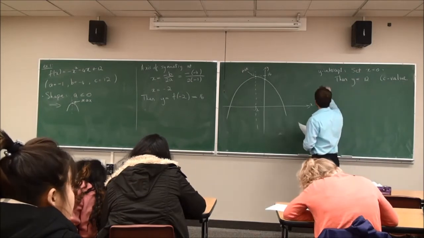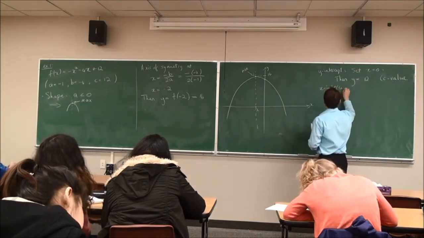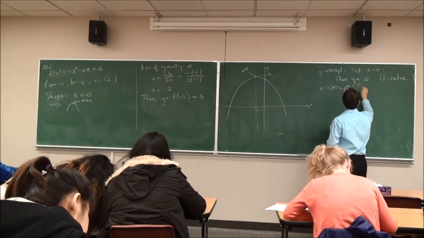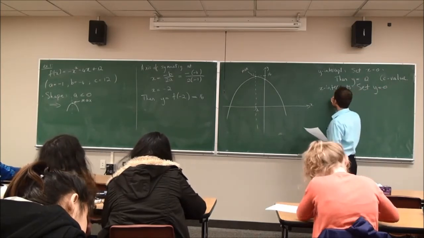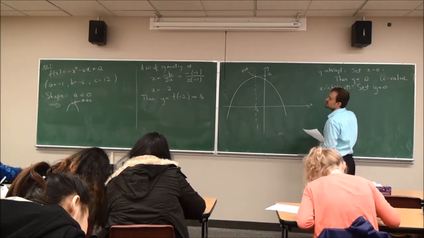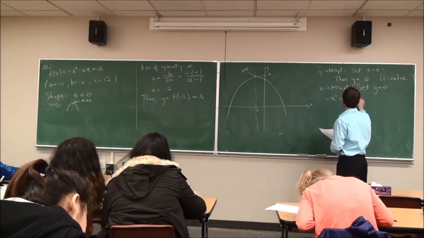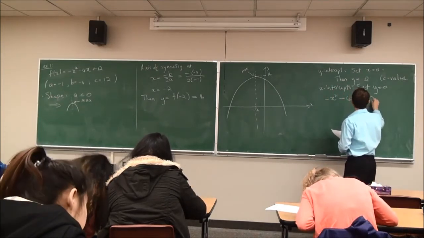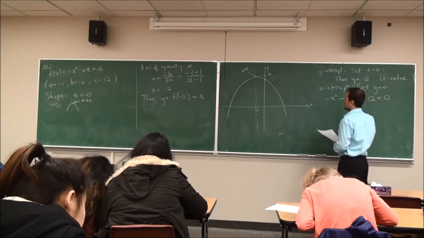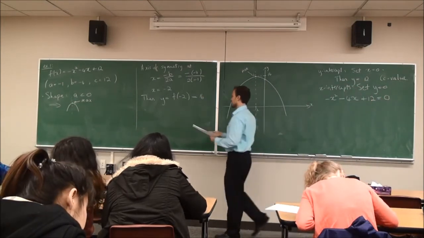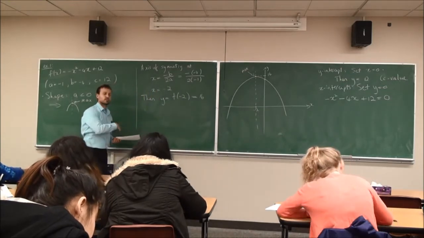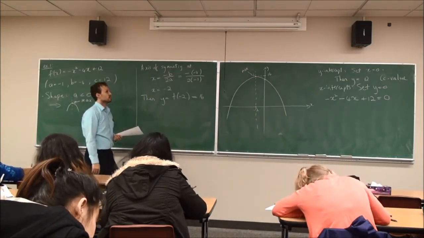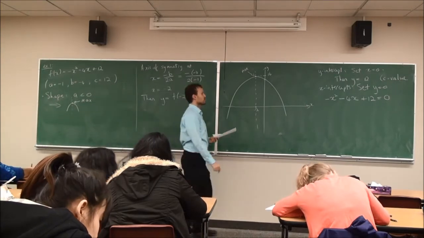What about the x-intercepts? I'll just do it once. Now I set y equal to 0. What do I get? Negative x squared minus 4x plus 12 equals 0. How do I solve that? Well, I have some choice. I can use the quadratic formula if I really don't want to do anything else.